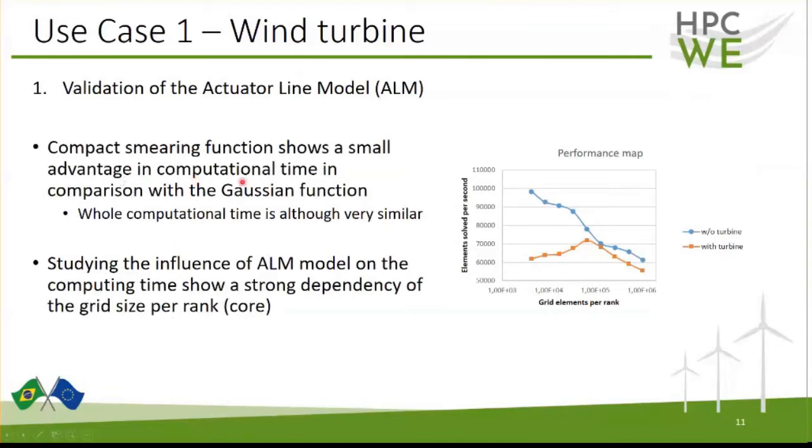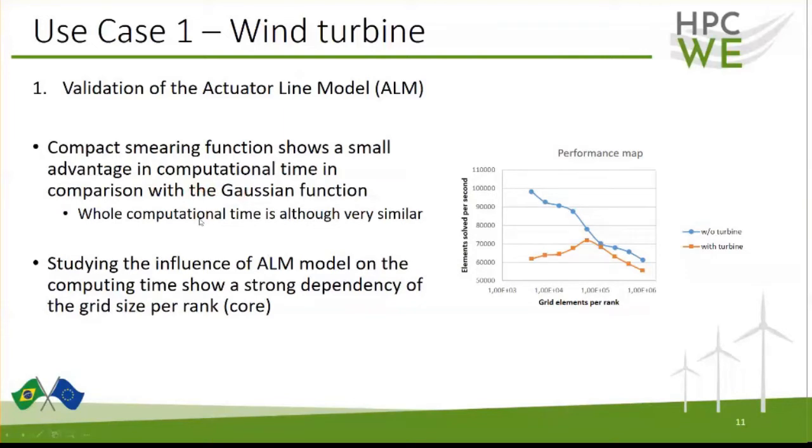When we talk about computational efficiency, the compact smearing function that we are testing shows a small advantage in computational time in comparison with the normal Gaussian function, although the overall computational time is very similar between the two versions.